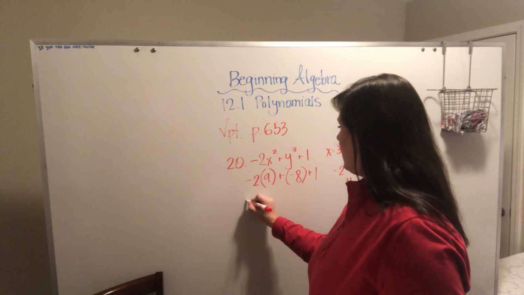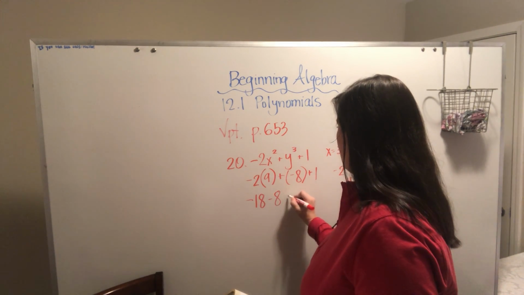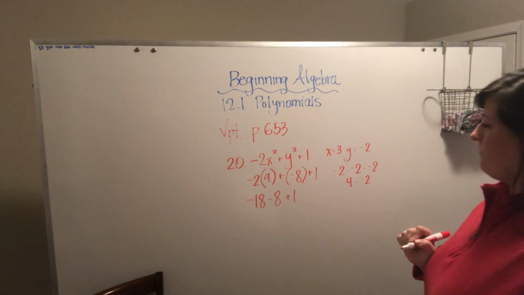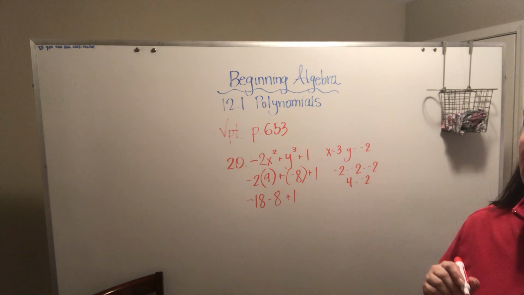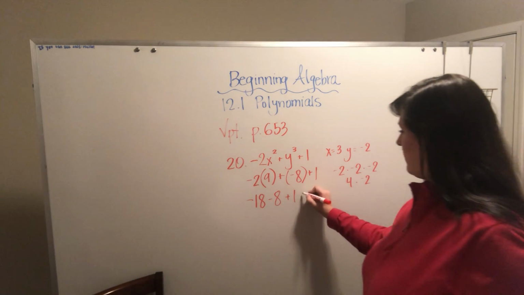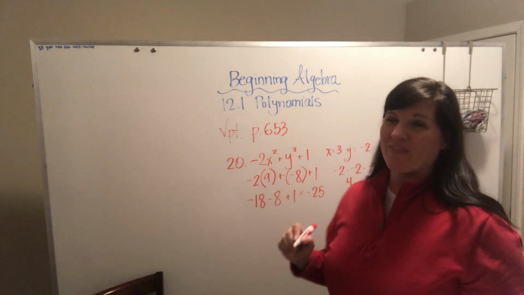Negative 2 times 9 is negative 18 minus 8 plus 1. Negative 18 minus 8 is negative 26 plus 1 is negative 25.